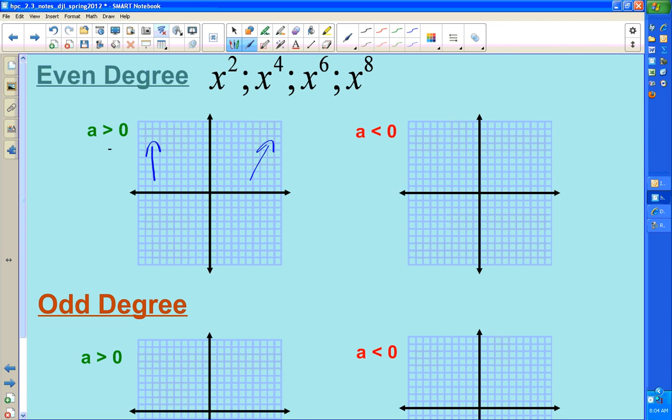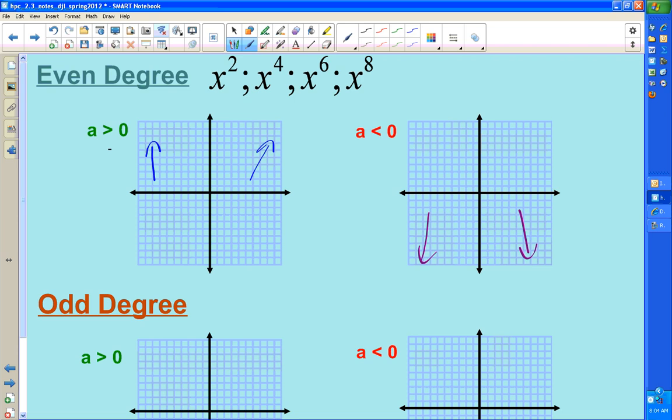If it's even degree and a is less than 0, what do you expect to see for the end behavior? Both down. So a is less than 0, we expect end behavior for an even degree function to be both down.